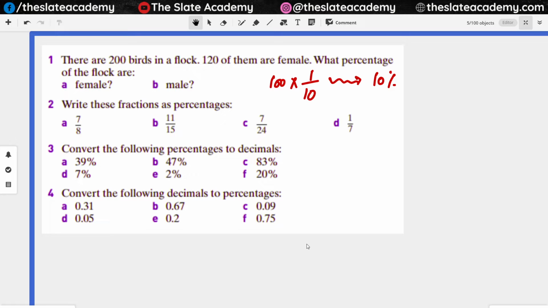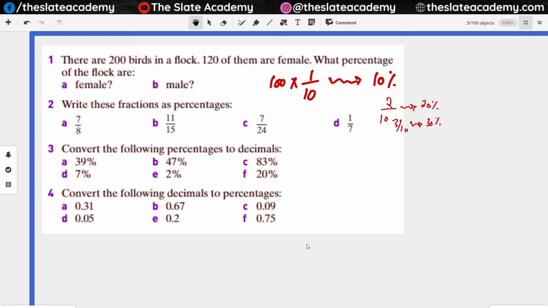Similarly, if you have 2 out of 10, that would be what percentage? 20%. If we have 3 out of 10, that would be 30%. So this is how we convert fractions into percentages.